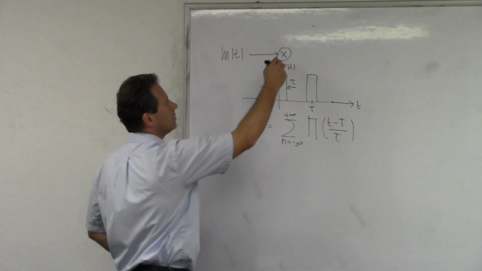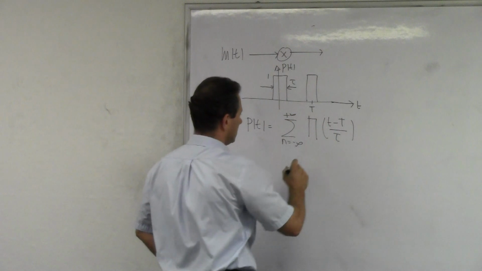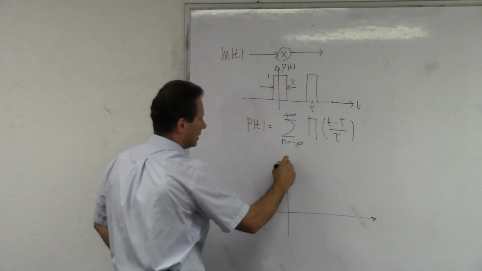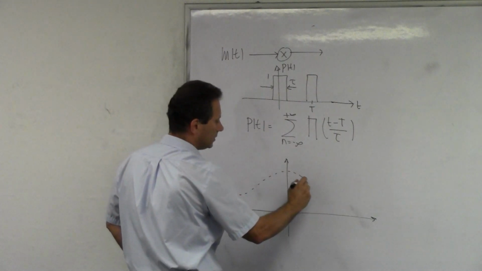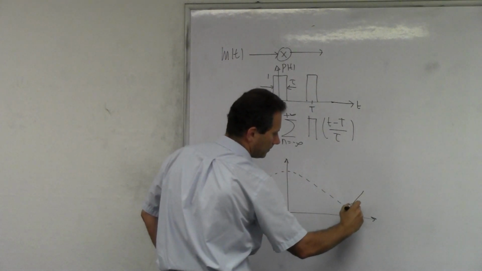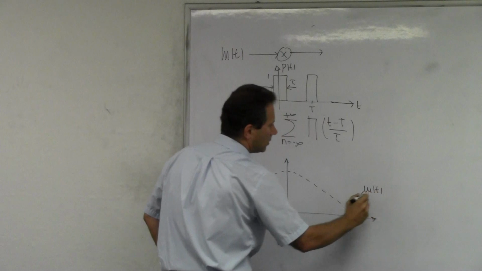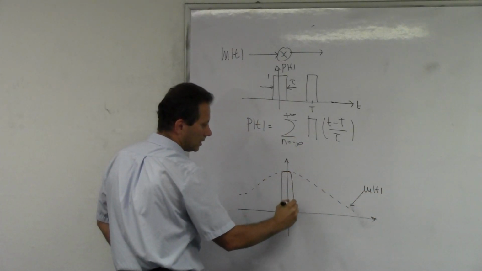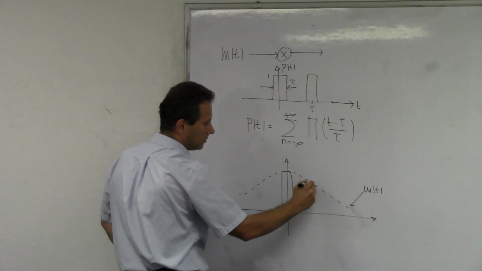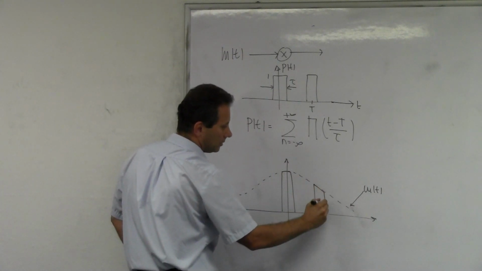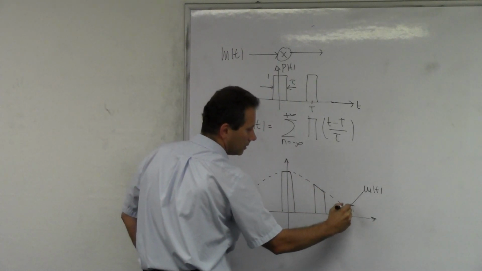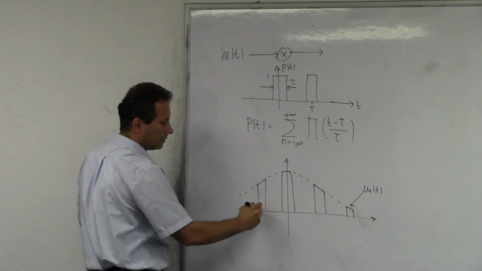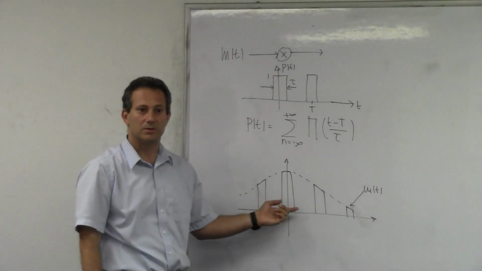So if you were to draw the multiplication of the two, here's how it looks. This is your original M of t. But when you multiply with this signal, you turn it on, and you turn it off. Then you turn it on, you turn it off. So it's very easy to generate double-sided AM.